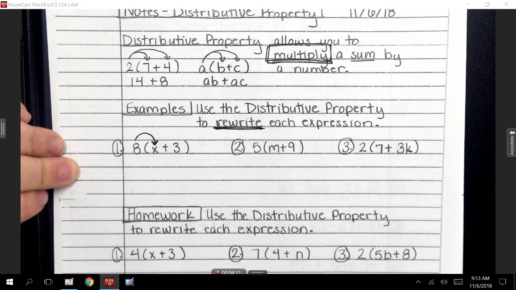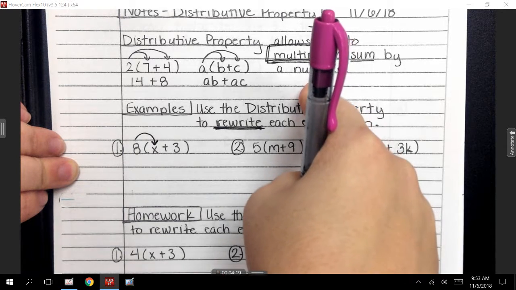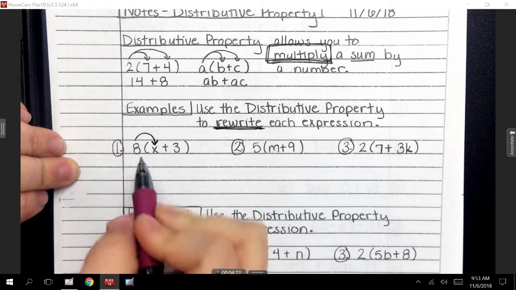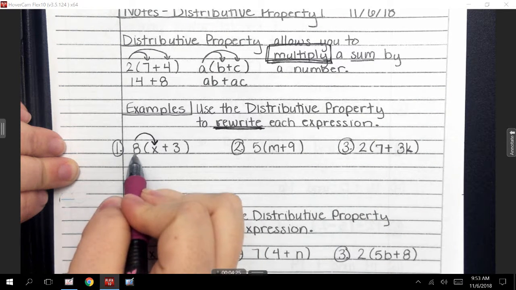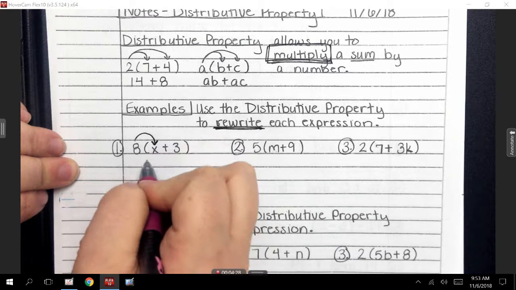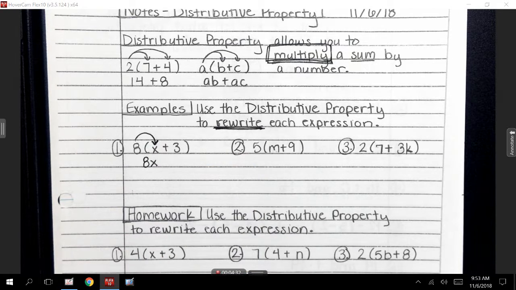That's what that arrow means. I'm passing the 8 to the x. What operation did I say in those directions? Allows you to multiply. Okay. All right, you ready? I want you to listen to this. I said 8 to x means 8 times x. The way we write 8 times x is just 8x. We just put them next to each other.